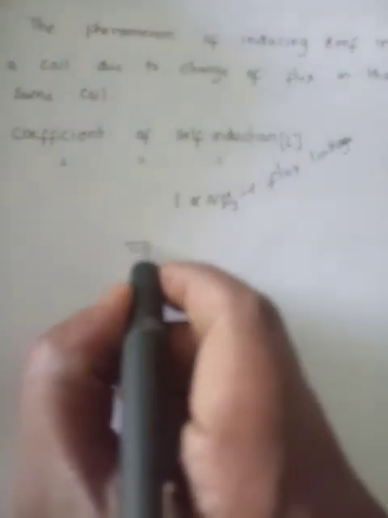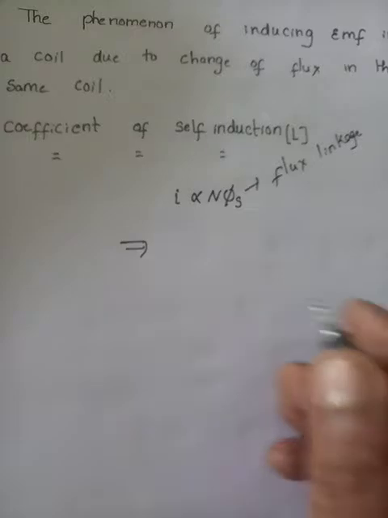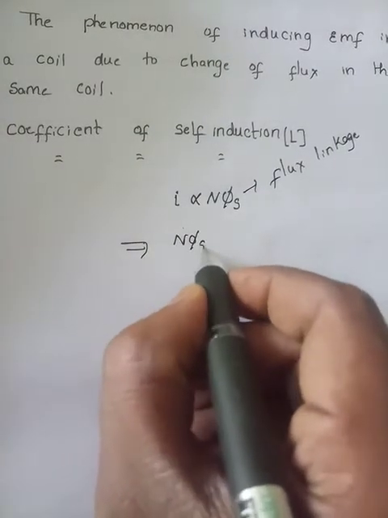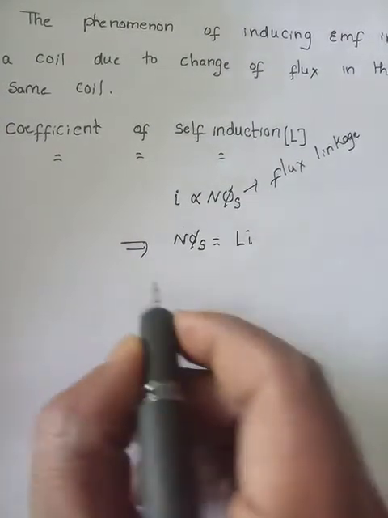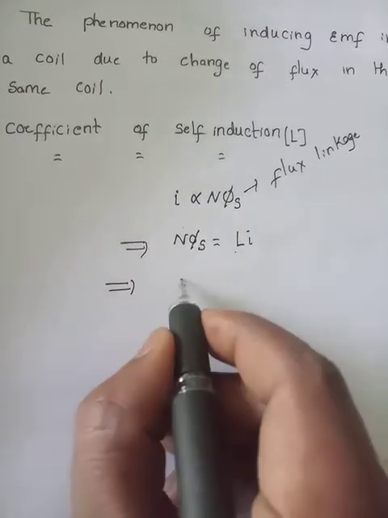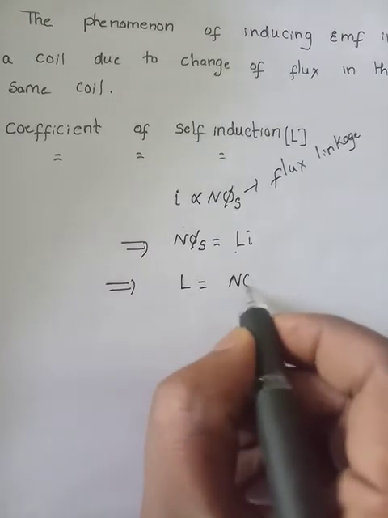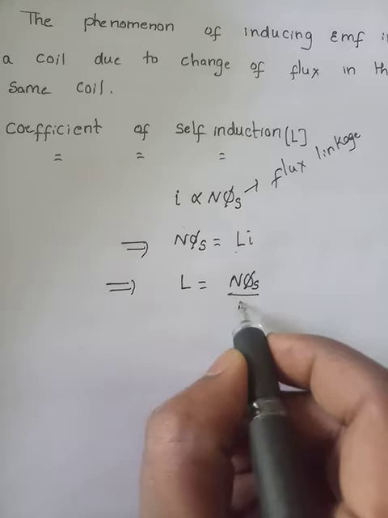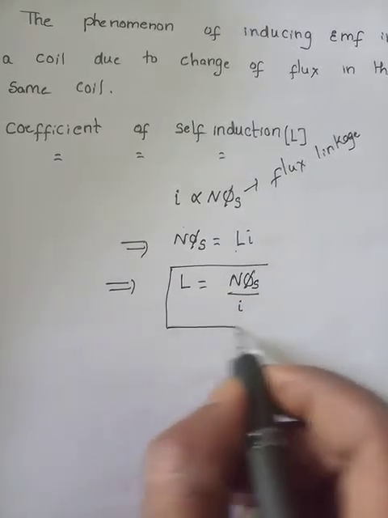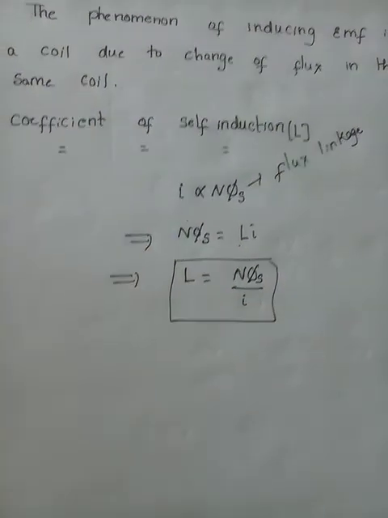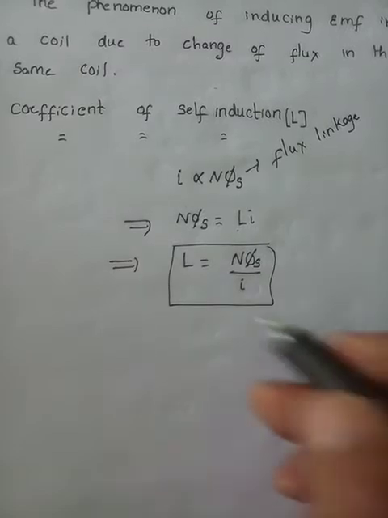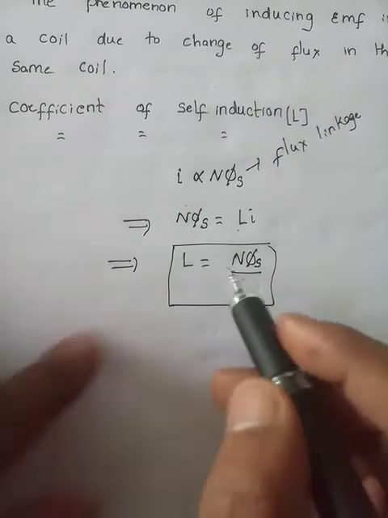That implies N phi_s equals L I. So L equals N phi_s by I. This is called the coefficient of self-induction.